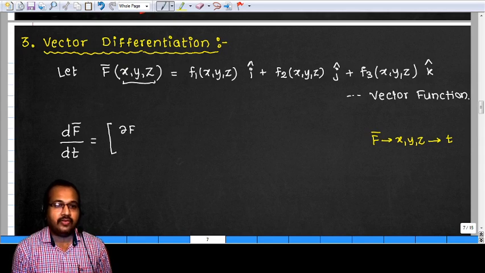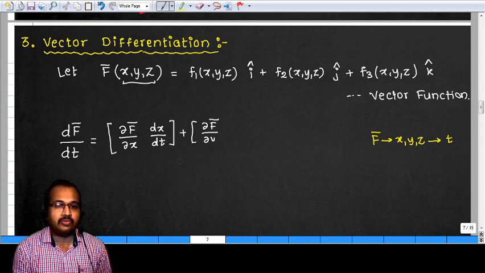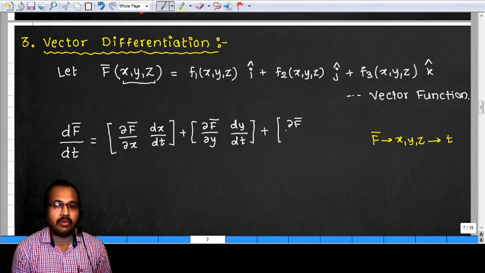Then differentiate partially f bar with respect to x into derivative of x with respect to t. Similarly, partial derivative of f bar with respect to y into derivative of y with respect to scalar variable t, plus partial derivative of f bar with respect to the third variable z into derivative of z with respect to t.